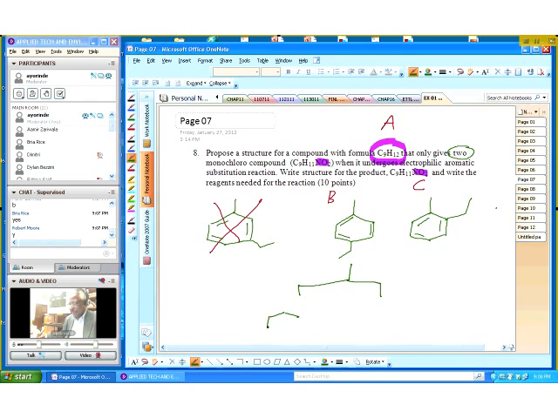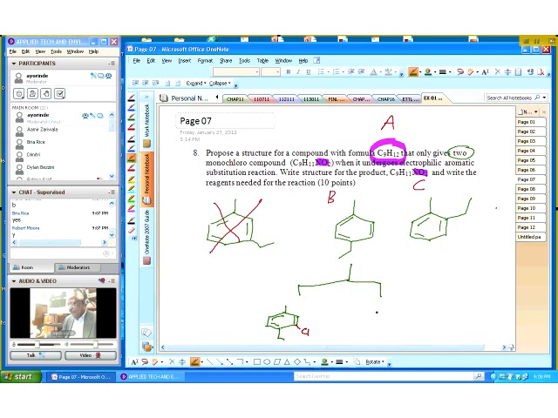We get one product here. These are ortho-para directors, so whether it goes here or here, it is the same product, because this is symmetrical.